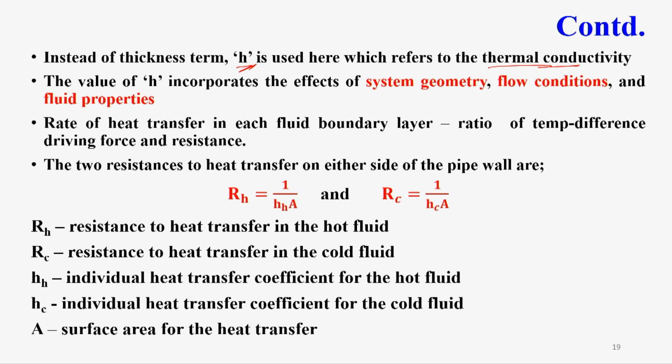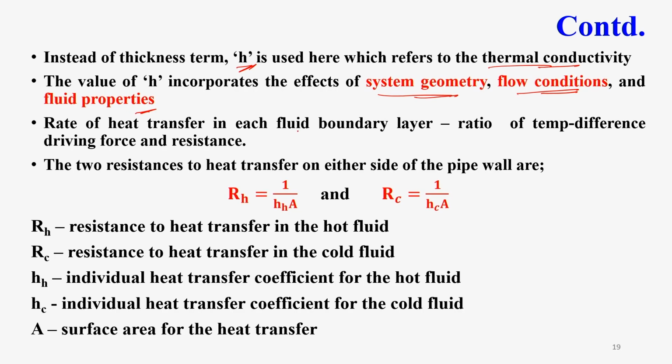As we know, there is a stagnant film, or you can say a liquid film, near the solid. So this value will be affected by the system geometry, flow condition, as well as the fluid property.